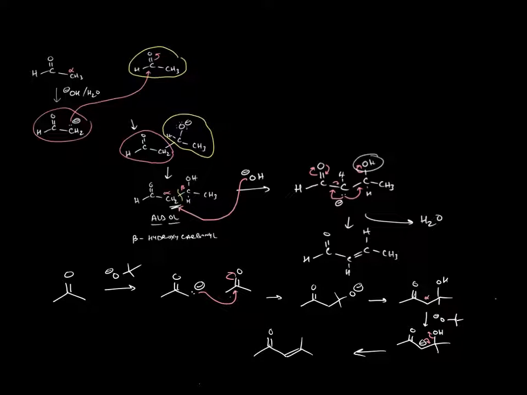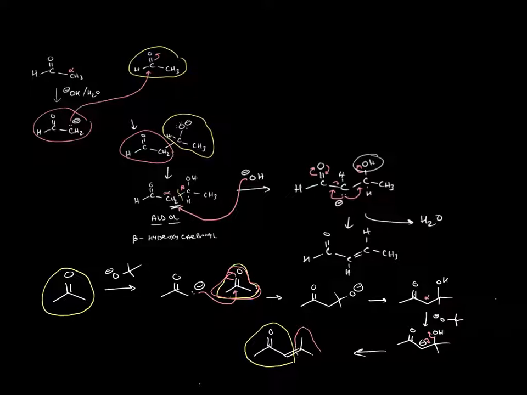Overall, what you can see is that we started off with this chunk right here and reacted it with another ketone right here. Let me circle this in pink instead. The 3 carbons that were part of our nucleophile are right here, and the 3 carbons that were part of our electrophile are right here.